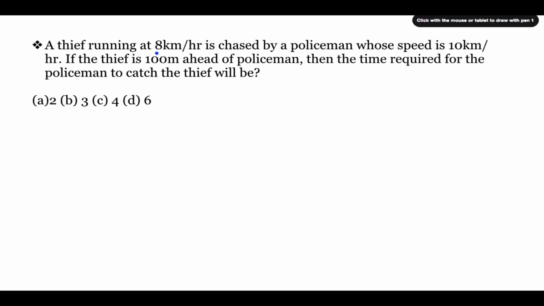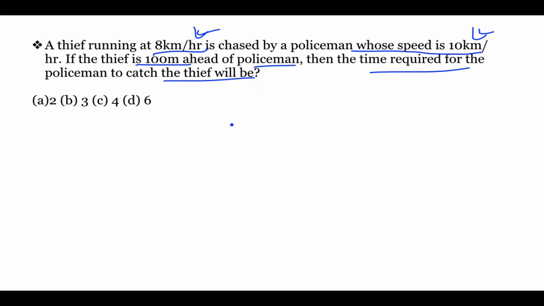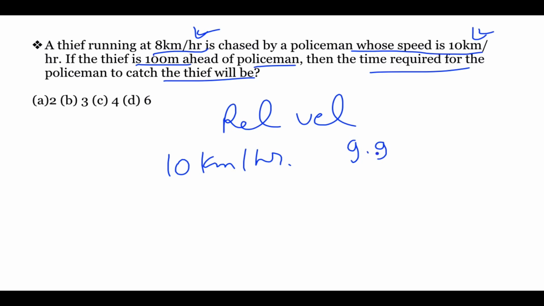A thief is running at 8 km per hour and is chased by a policeman whose speed is 10 km per hour. If the thief is 100 meters ahead of the policeman, what is the time required? It is a case of relative velocity. Just assume you are moving at 10 km per hour and I am moving at 9.99 km per hour. You will realize that there is absolutely no perceivable movement.